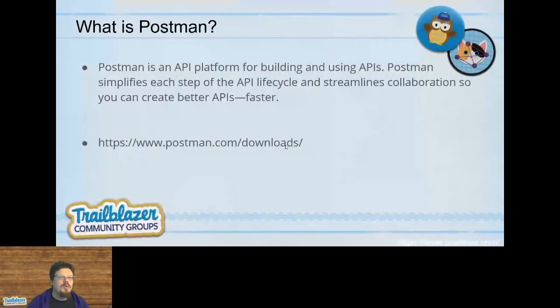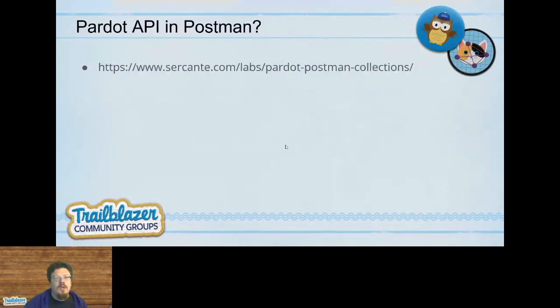So again, Postman's that API web browser. If you want to download Postman, you just go to postman.com/downloads and you can download it. They have a free version and a paid version. I use the free version and it works fine for me. There's a link to that Sercante Labs Postman collection where you can download that collection and you can get all the stuff built in.